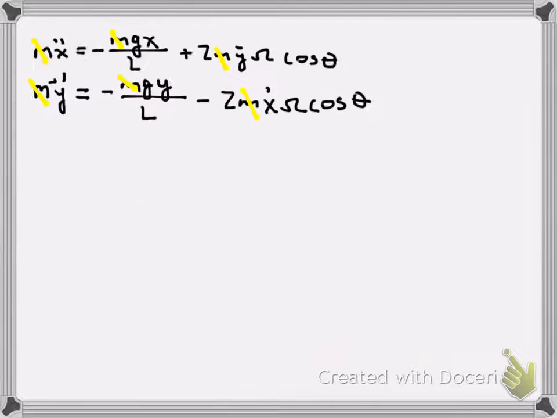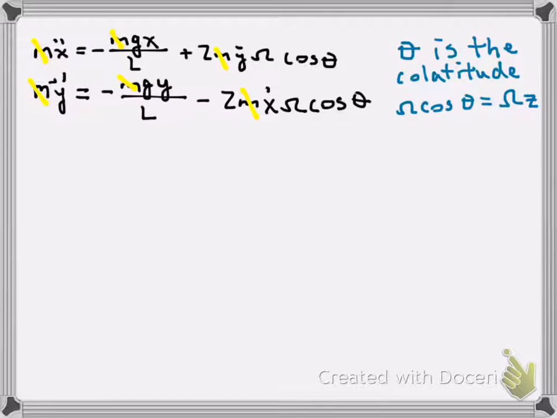So let's rewrite what we have so far. And notice that we've canceled out m's everywhere now. And we remind ourselves that theta is the colatitude. So omega cosine theta is omega z. And so we can make that substitution for the ends of these two expressions.